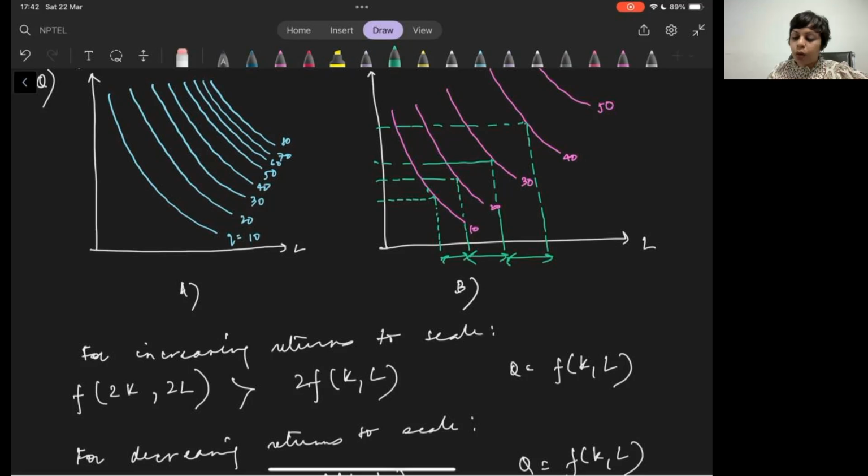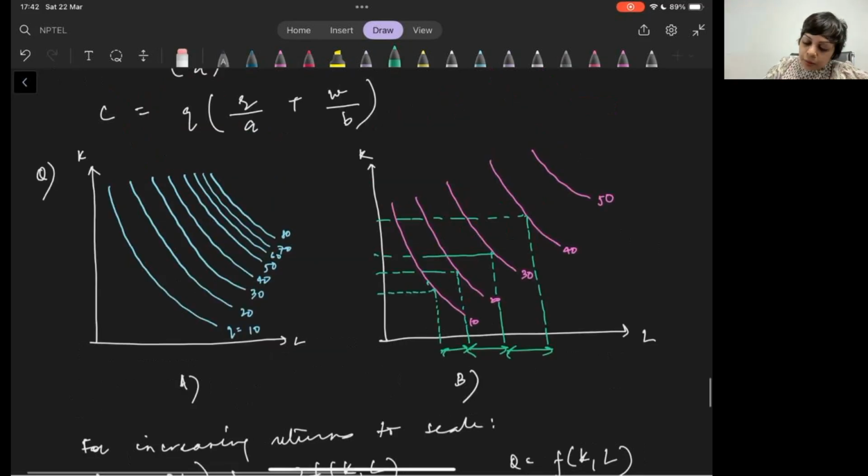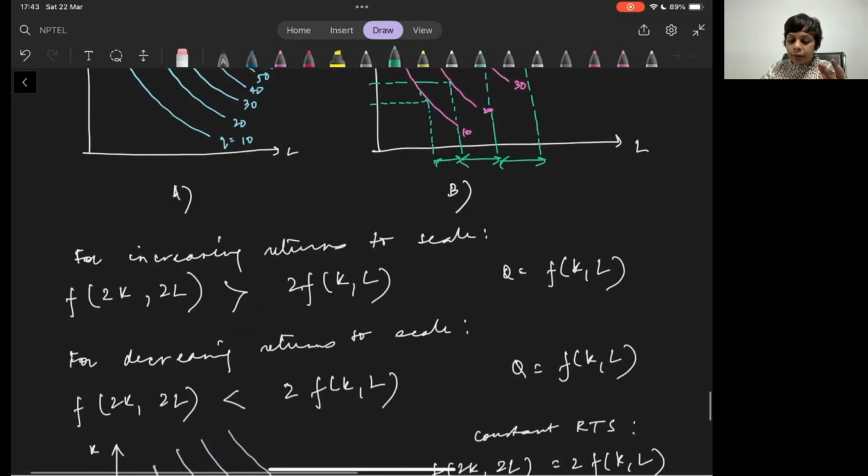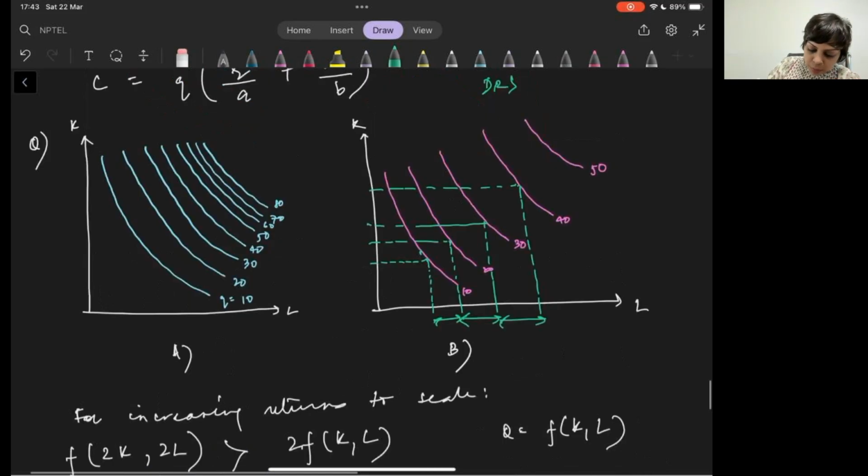So this is what? This is decreasing returns to scale, right? Is it making sense? You have to increase your inputs a lot more than the increase in output, which is the condition for decreasing returns to scale. Let's draw the same perpendiculars here in this diagram.